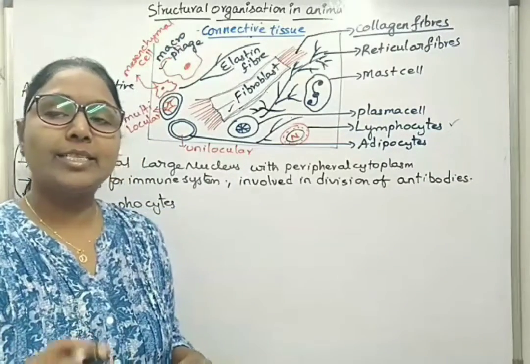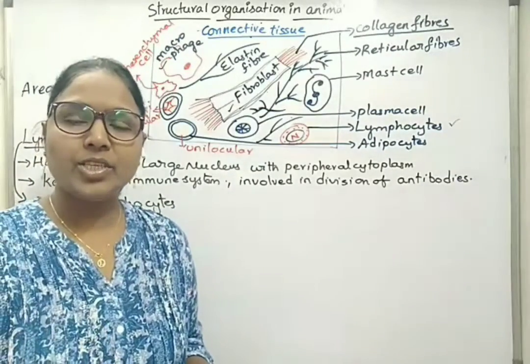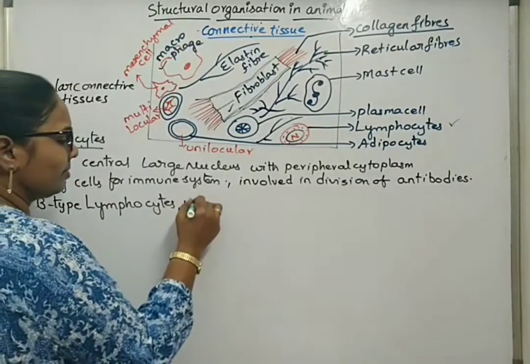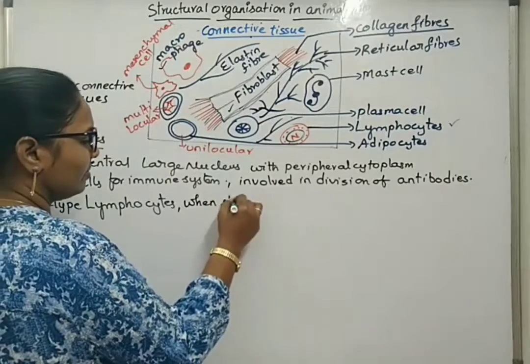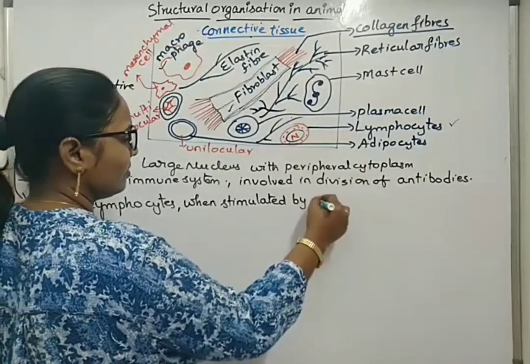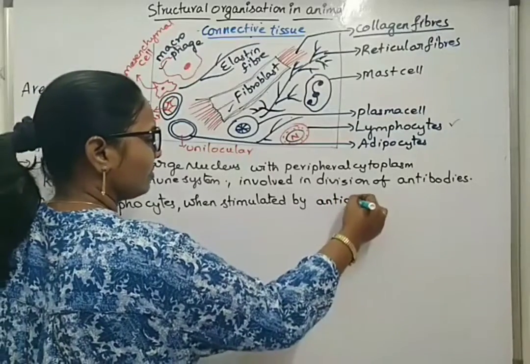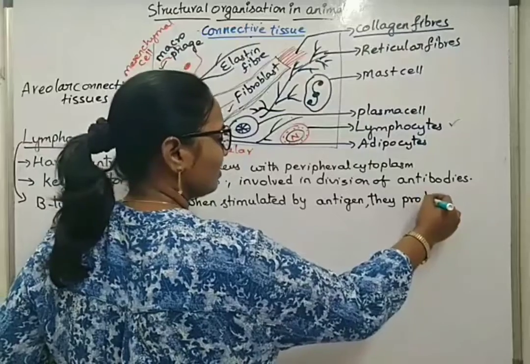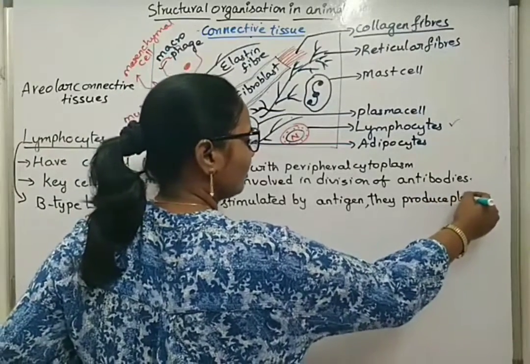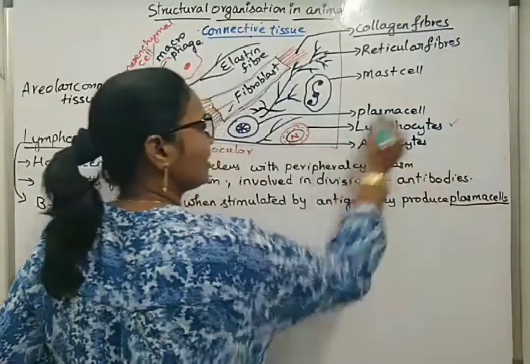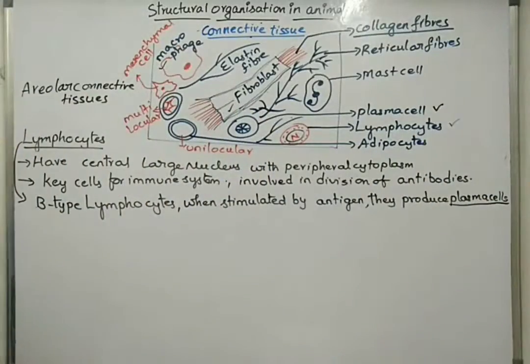These B lymphocytes, when they are stimulated by antigen, then they produce plasma cells. These are plasma cells. Now we will write few points regarding plasma cells.